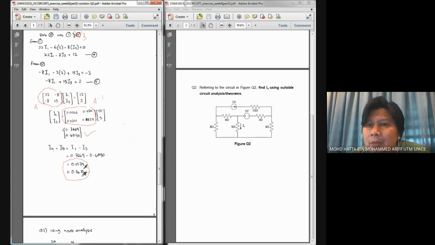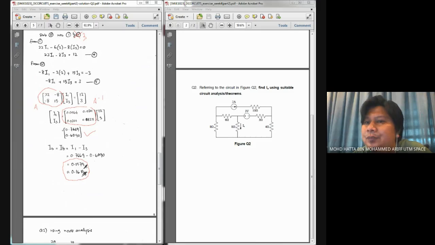Okay, to calculate this, you can use a few approaches. As I mentioned earlier, maybe you can use inverse matrix, substitution, or elimination. But if you have MATLAB software, then it is easier to use inverse matrix.